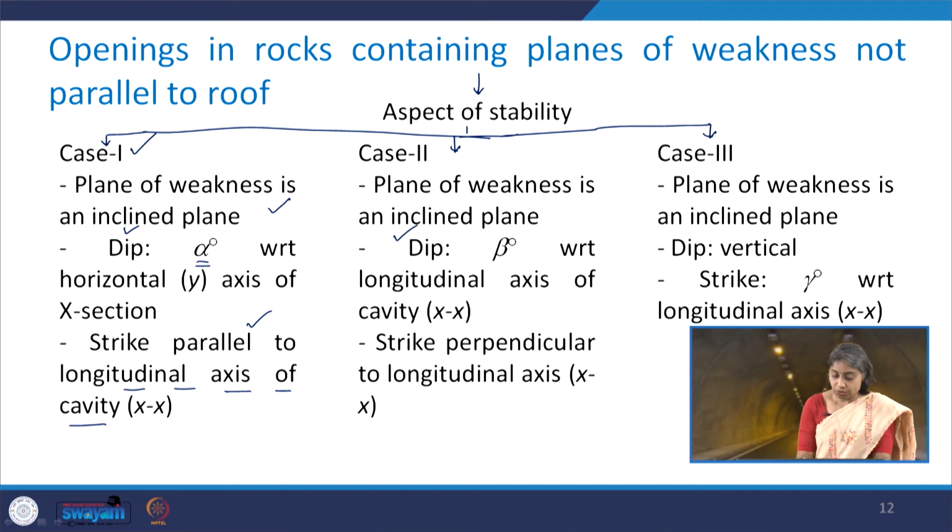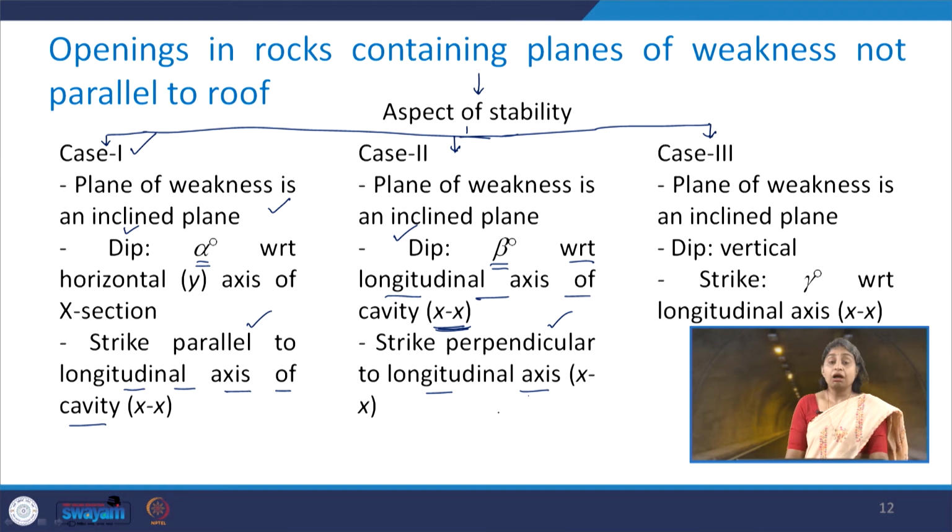In case 2, the dip is beta degree with respect to the longitudinal axis of the cavity, which is the x axis, and the strike is perpendicular to the longitudinal axis. When I show you these cases with the help of figures, it will become clearer.